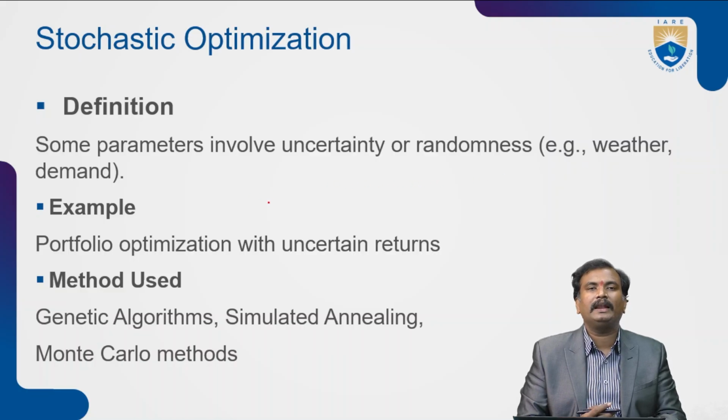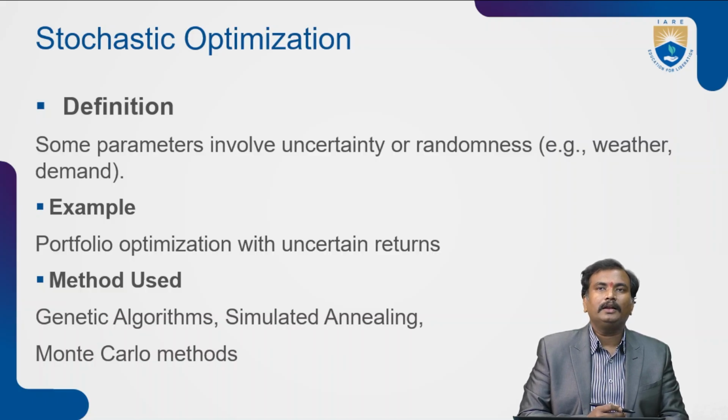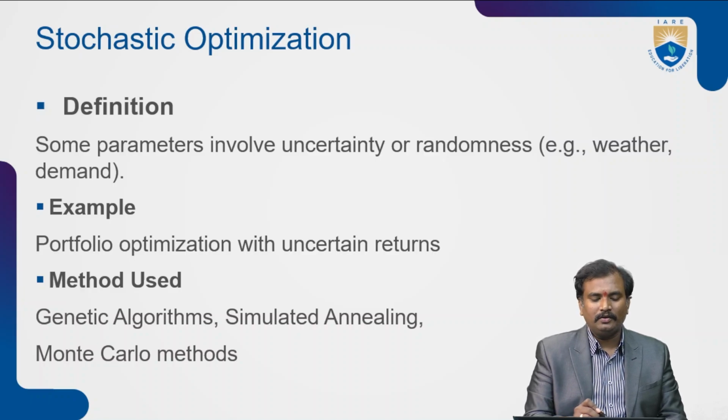Because with electricity demand, sometimes we may have high demand, sometimes we may not. Like that, weather also changes from time to time. So these are the parameters which come under stochastic optimization, where an example is portfolio optimization with uncertain returns.